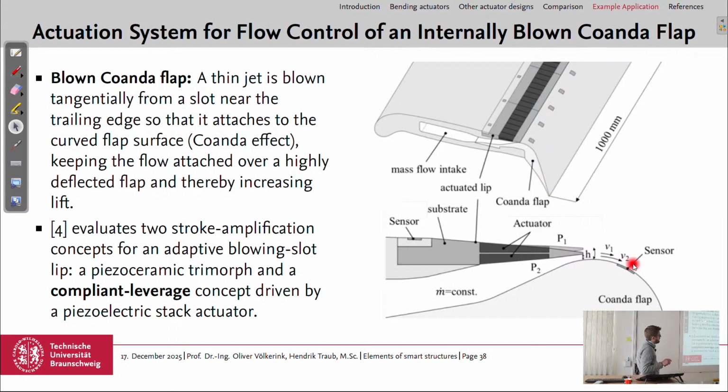And if it's detached, then this lip would open and blow air out here, and therefore the airflow hopefully attaches again. And with this, you have a high lift device producing high lift coefficients. And I cited this paper 4 where it was published.